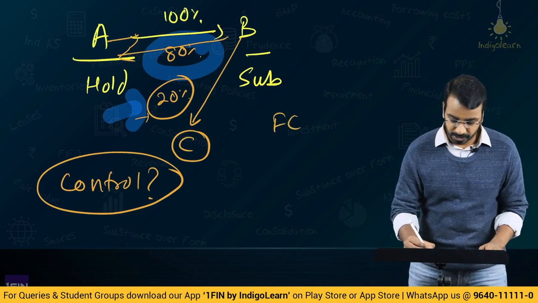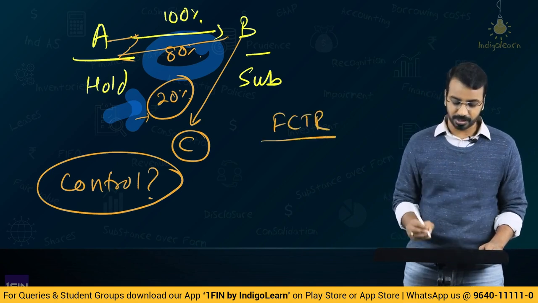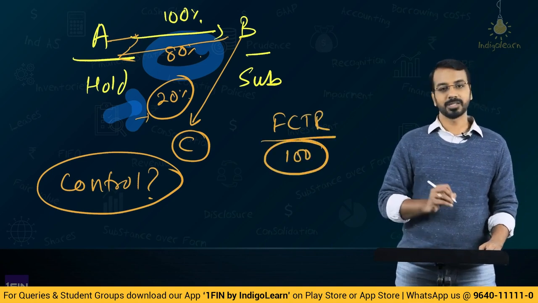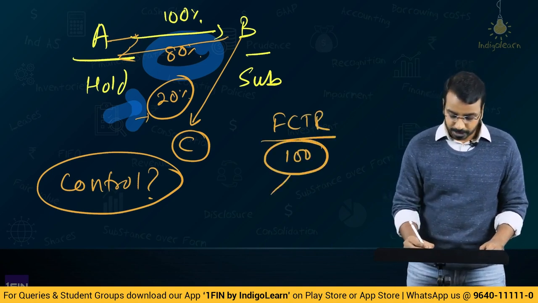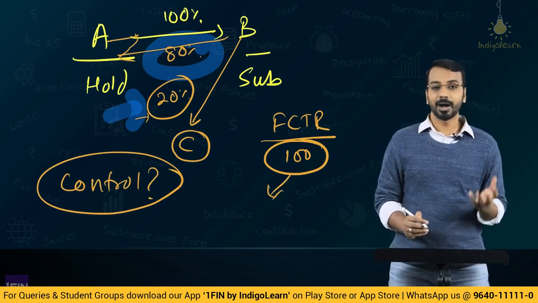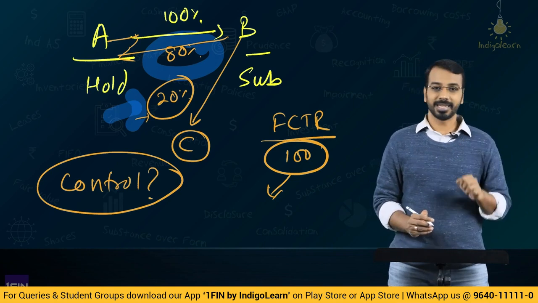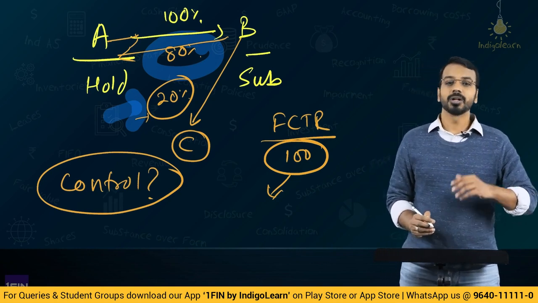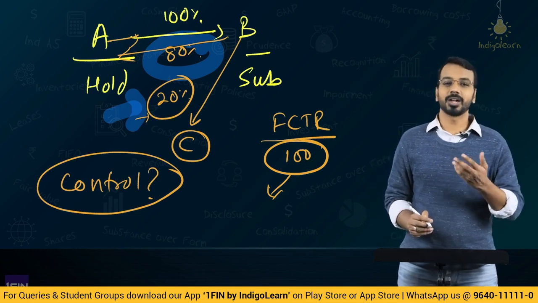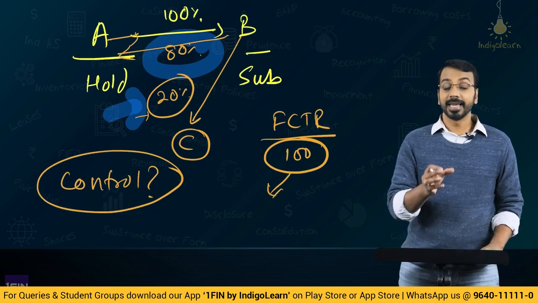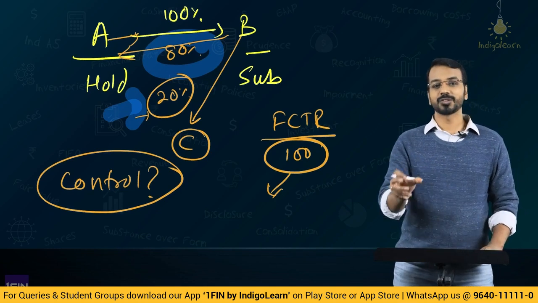So from the FCTR, foreign currency translation reserve, let us say you have a balance of 100. Now earlier the entire 100 was recognized in OCI. Now when the reporting entity reduces its stake, but there is no loss of control, it still is controlling the subsidiary, what should be done is, proportionately the amount from OCI has to be transferred to NCI.